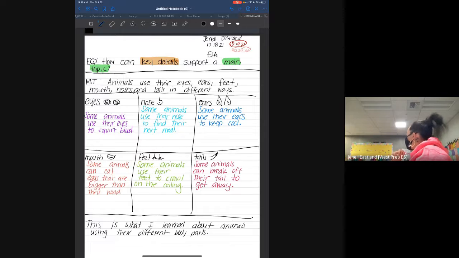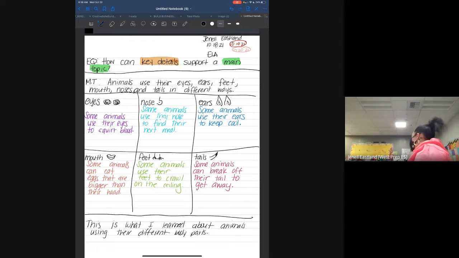Because next week you're going to write a paragraph about all the ways you learned that animals use their body parts. You may go back and talk about what you learned in Time to Sleep. You may use what you learned about an elephant. You may use that a horse sleeps standing up so it can feel safe.